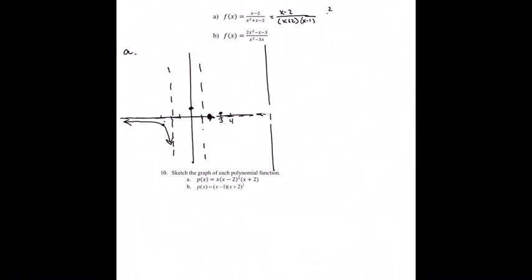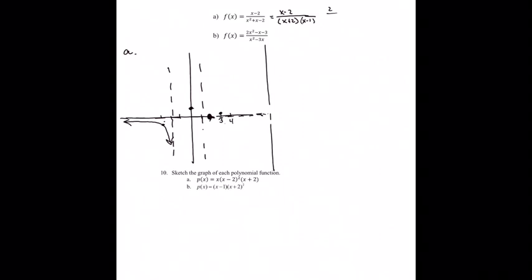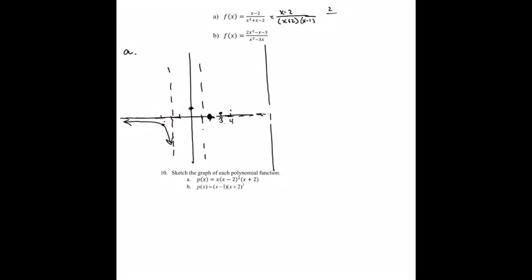When x equals 4, 4 minus 2 is 2, 4 plus 2 is 6, 4 minus 1 is 3, 2/18. So it's also a very small value. So it looks like what's happening here is it's coming down to negative infinity and then approaches the horizontal asymptote from above.